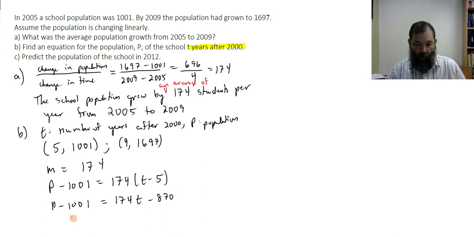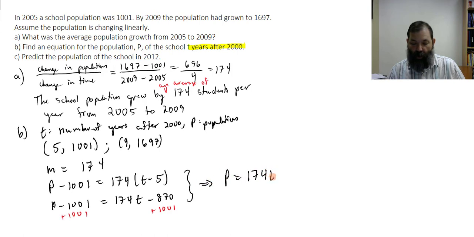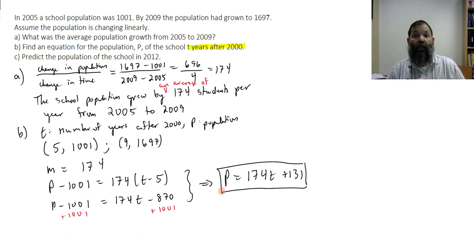And let me go ahead and add on the 1001. And so that tells us the population is given by 174T, 1001 minus 870 is 131, so plus 131. So there is the population in terms of T, where T is the number of years after 2000.